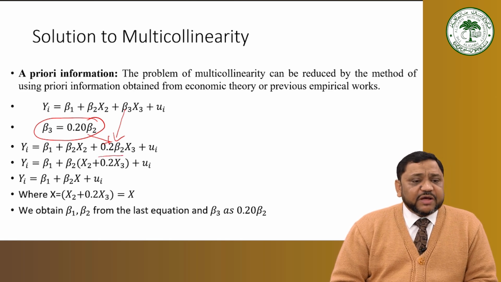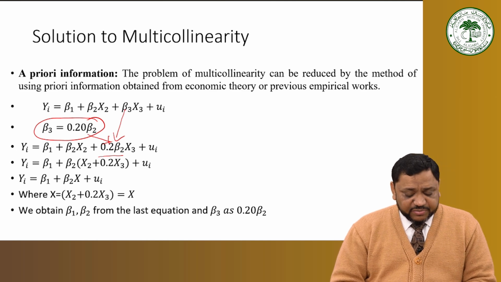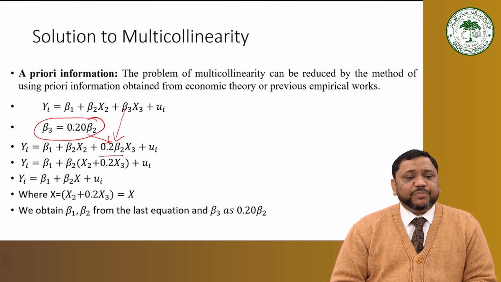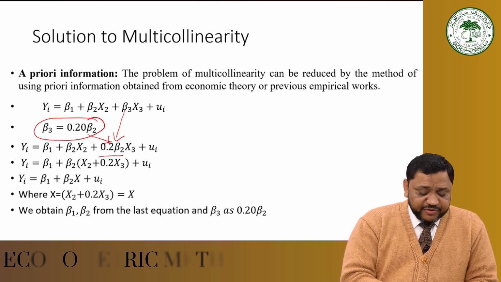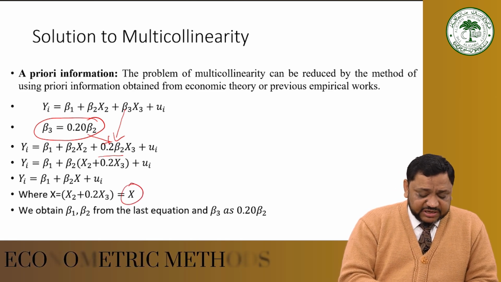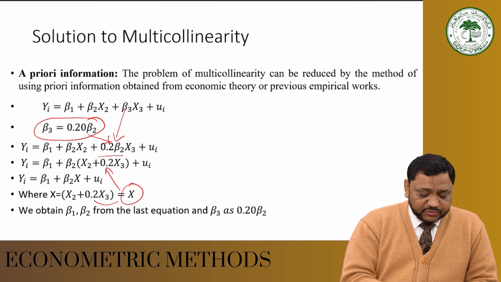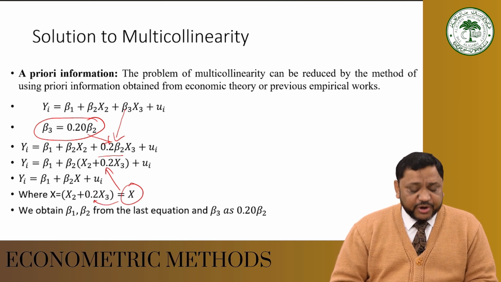Then we can take beta 2 common. So we have beta 1 plus beta 2 in brackets x2 plus 0.2 x3 plus ui. So we can now assume that x is equal to x2 plus 0.2 x3.